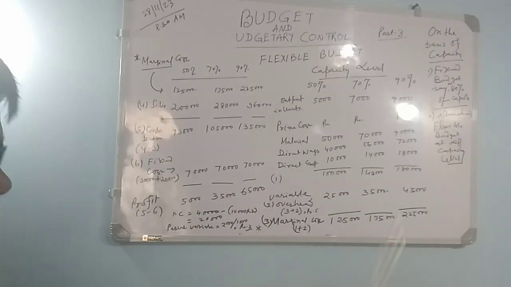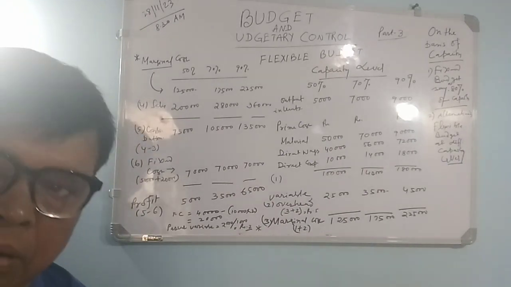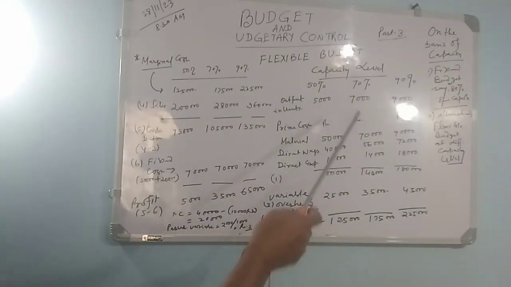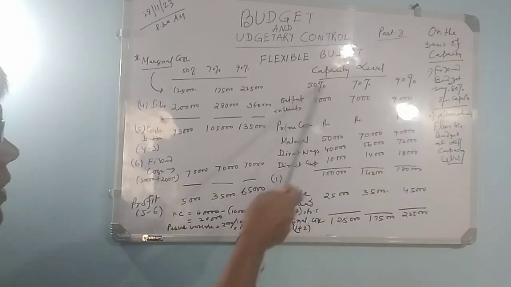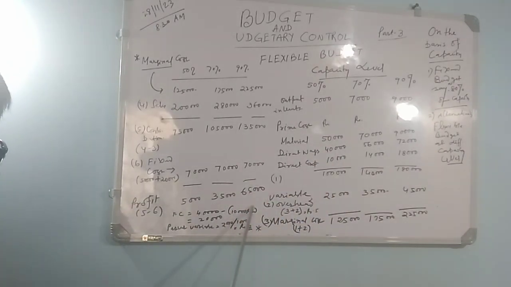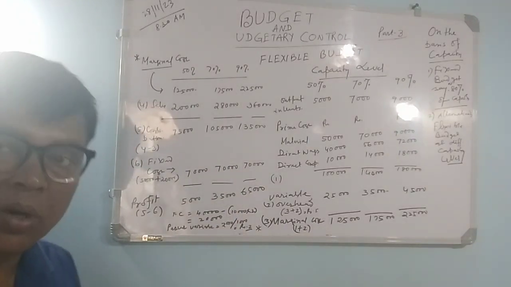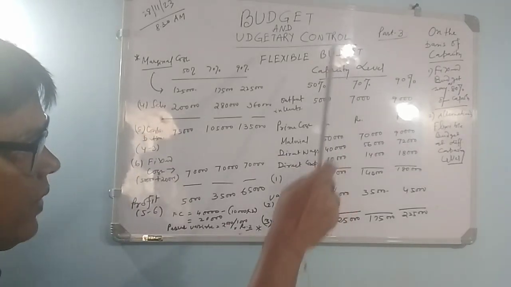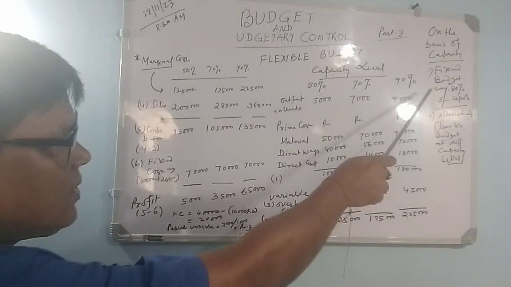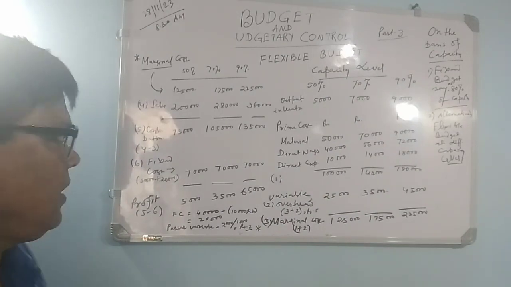So what we understand from this flexible budget is that at different levels of estimation, you get different levels of profit. From there you can decide, based upon your capacity, which budget to choose out of these three alternatives. That opportunity was not available in the fixed budget concept, say at the 80% level.